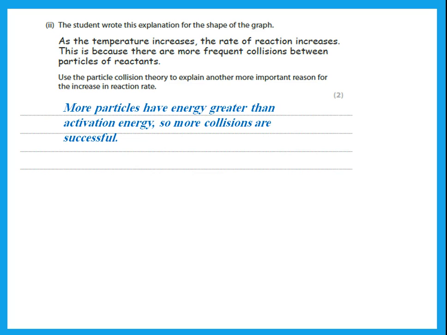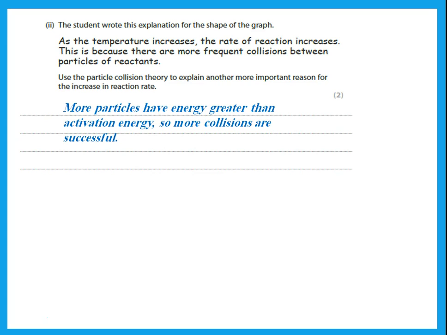We said more particles have energy greater than activation energy, so more collisions are successful. Remember, he already says the part where the particles have more kinetic energy, move faster, collide faster. So he has already said that. And the other reason is because when we increase the temperature, the particles have more kinetic energy.